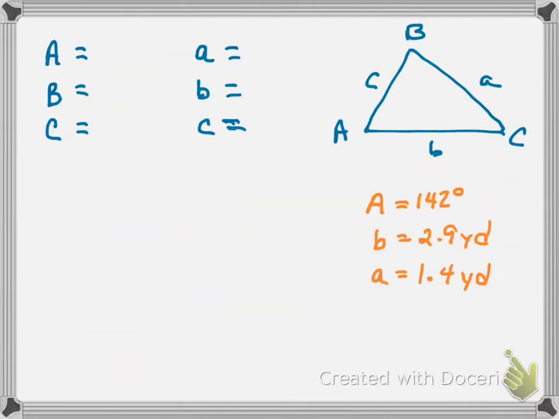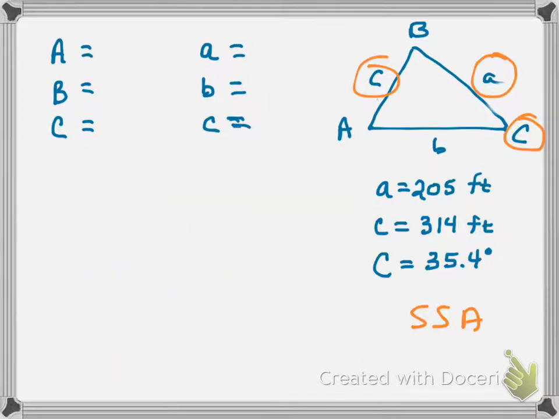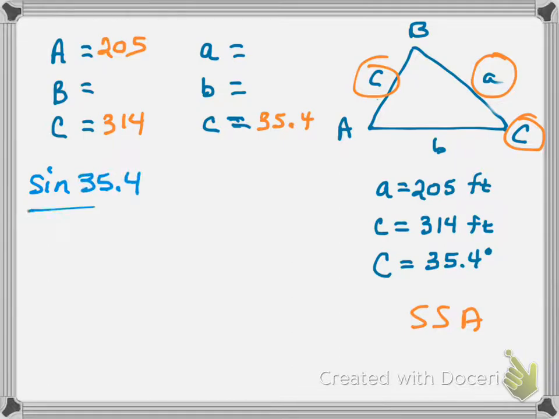All right, so fill in what we know. A is 205, C is 314, and angle C is 35.4. So there's your pair, and we use our pair to do law of sines. Sine of 35.4 degrees over the side opposite, which is 314.